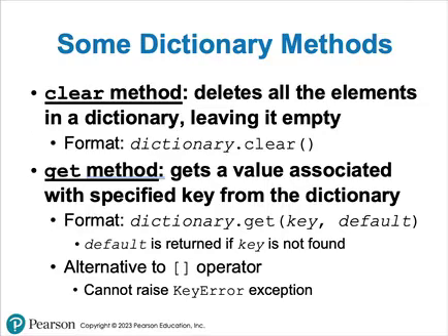You have a get, so you can call the dictionary's get with a key, and you can specify a default value that it returns if the key is not found. So for example, you could ask for a key in an array of grades and have the default value be -1. That is some value that would not be in a valid grade.